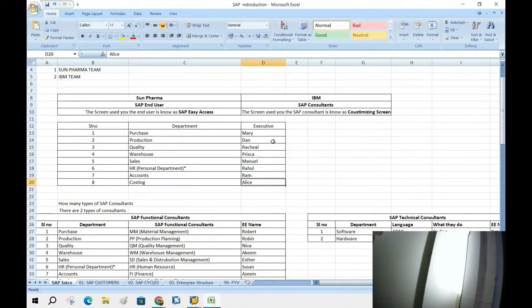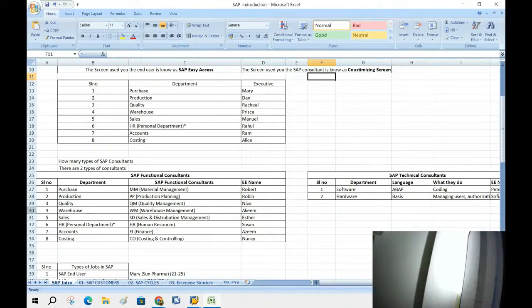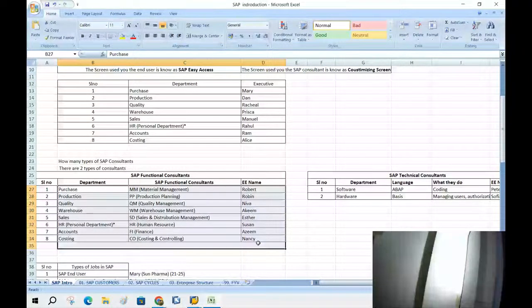I have given some names, to say the purchase executive of Sun Pharma is Mary, and production is Dan, Richelle, or some names. Clear? And I have given the team members of IBM. They are called with similar names, and they are the consultants sitting in IBM. Correct?